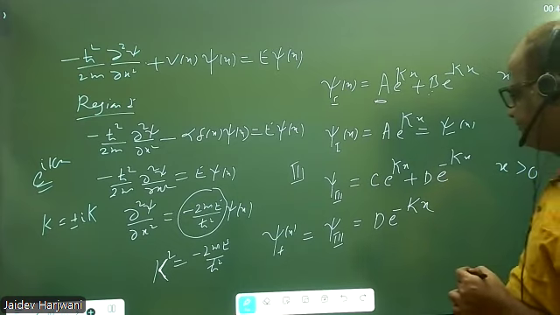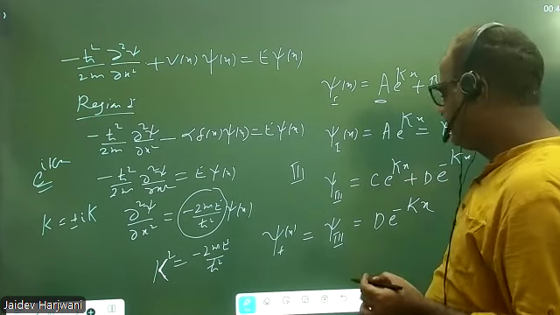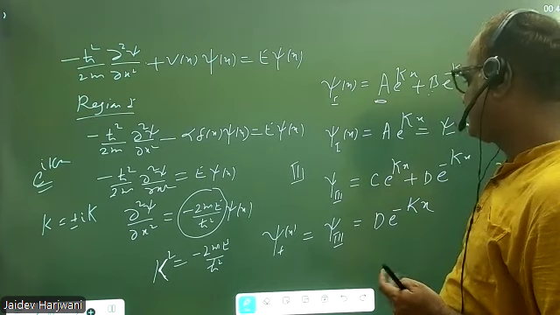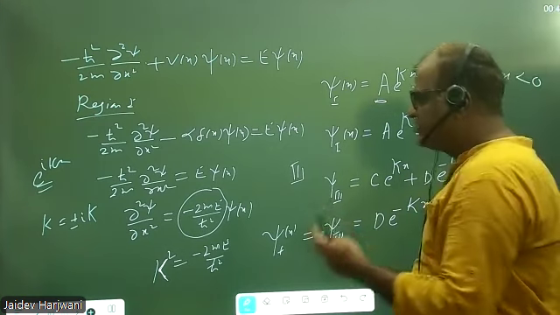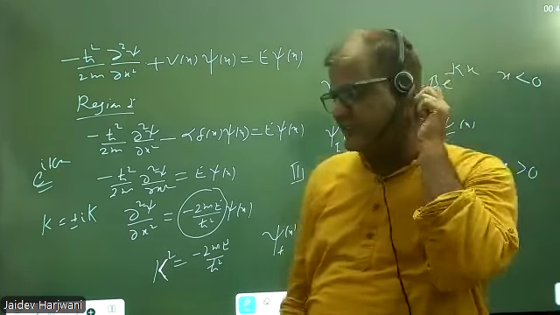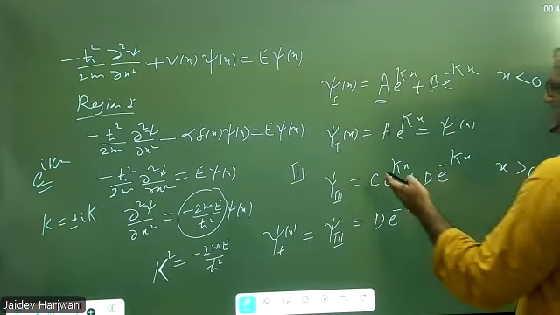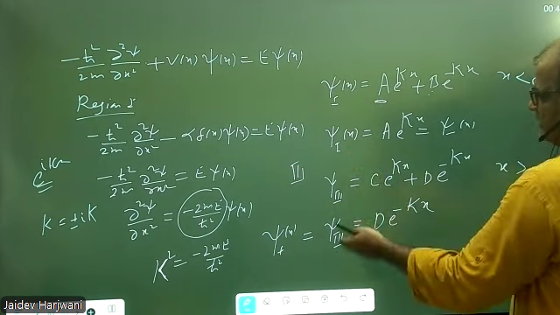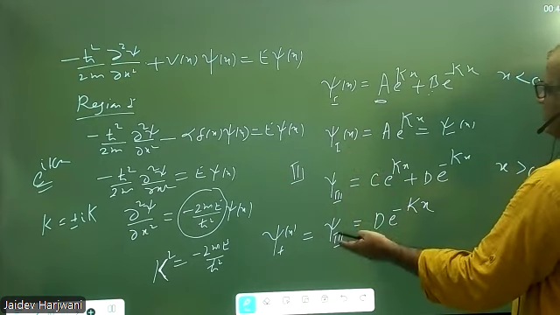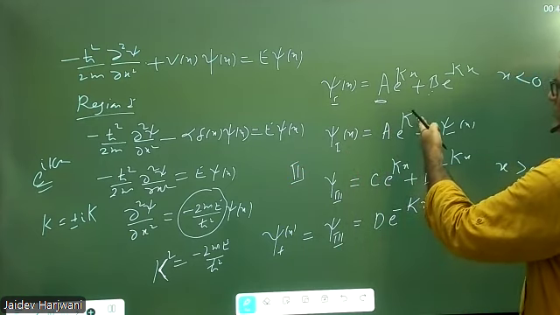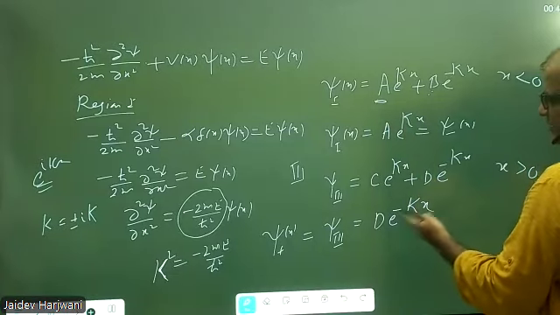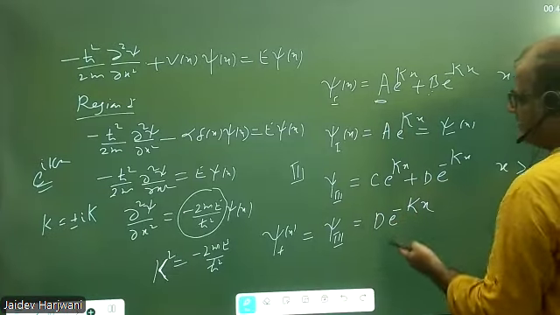Now, for the boundary value condition on the wave function, the wave function should be continuous at x equal to 0. These two should match at x equal to 0. So if I put x equal to 0 here, this becomes a, similarly this becomes d, and both should be equal.